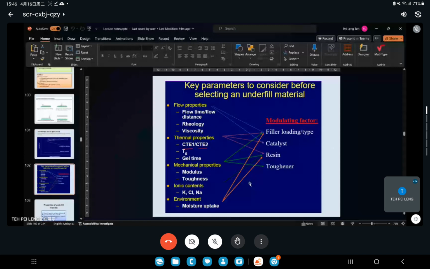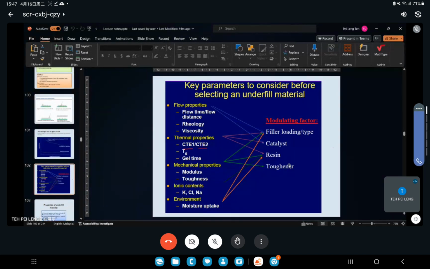So this slide you understand, yeah? I already highlighted the key ones that you need to understand. It looks very complicated, but it's very simple. This slide shows you that all these parameters are influenced by all these factors.